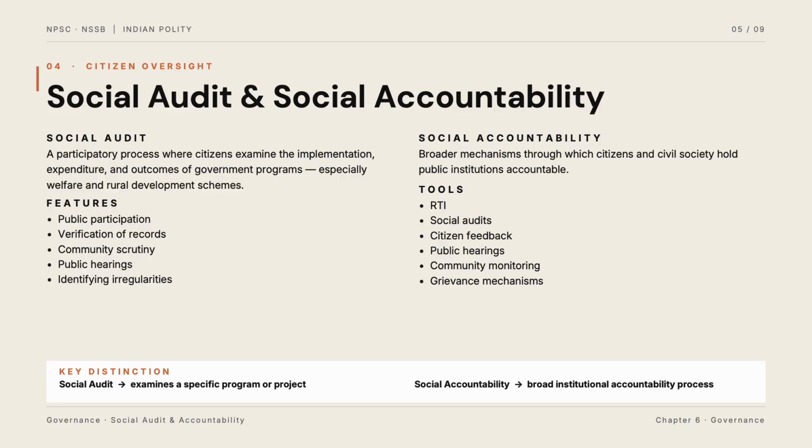So they can approach the deputy commissioner, or they can even approach the executive engineer of R&B, and then they can file an RTI, and then the EE will have to give them the report of the amount of money that he received and how much was spent. These are the tools that they can use. Okay, they can use social audit, they can use RTI, they can use citizen feedback. The public can give feedback on whether the road was built properly. So that's social accountability.